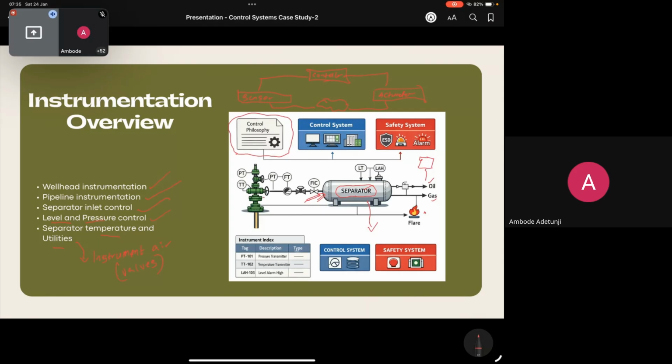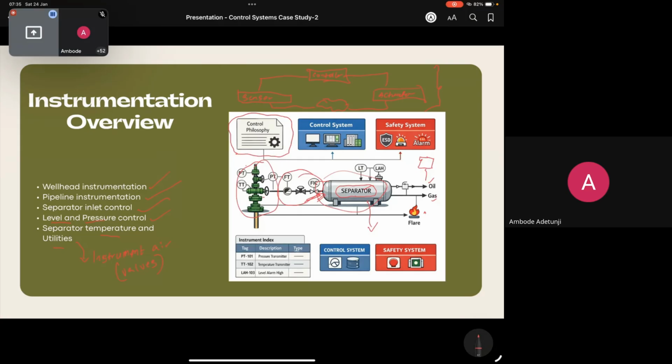So the question is, how do you tie together the monitoring and control requirements for the wellhead, for the pipeline, and for the separator, right?